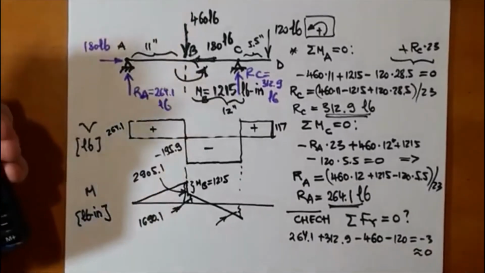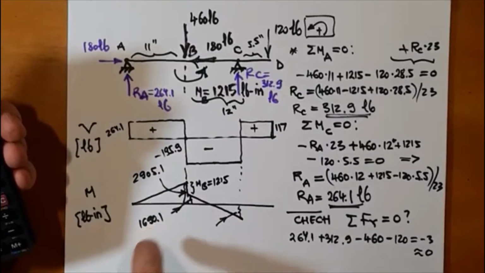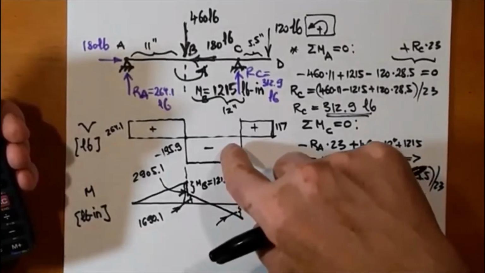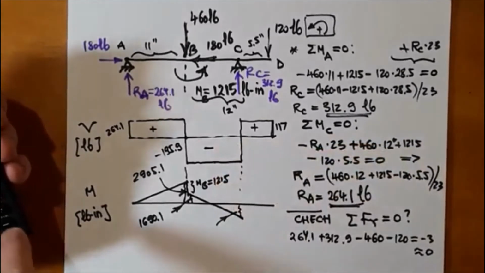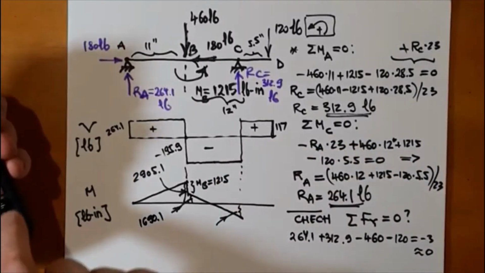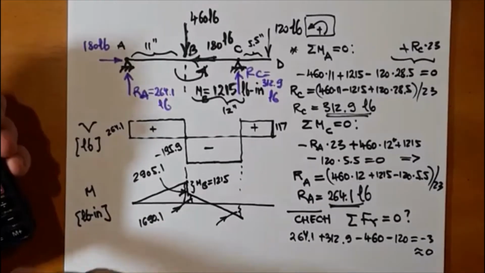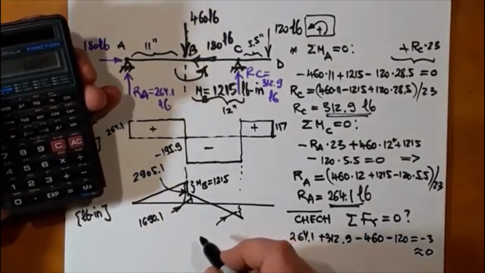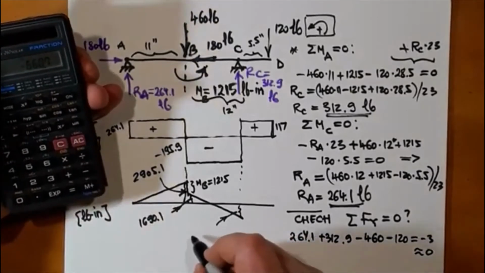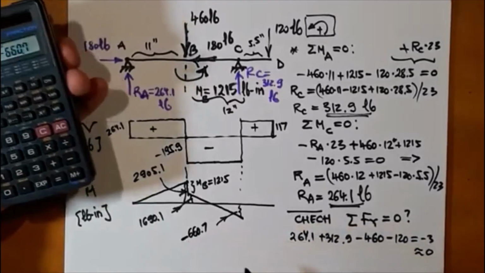All right, so the current value 1690.1, and then with the area method, to that positive value I'm subtracting, so negative 195.9 times 12, and that's negative 660.7 pound-inches.